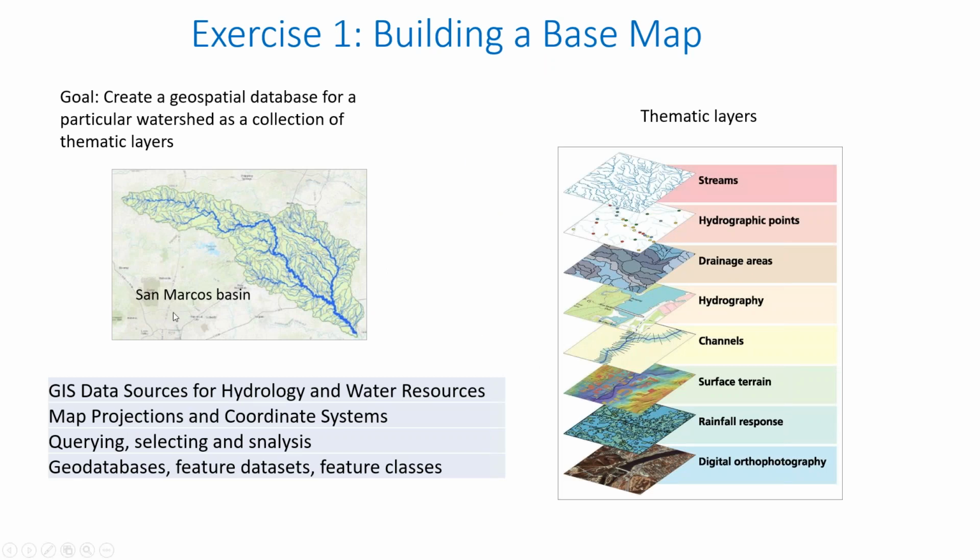This is the base map for the San Marcos Basin, and in the exercise I'll be writing detailed step-by-step instructions for you to do that for the Little Bear Logan River Basin, which is one of the watersheds near Logan, Utah, where Utah State University is located. If you're ambitious, you're welcome to do this for your home watershed as well, although it might be slightly easier to do it for the watershed where I've provided an exact example.